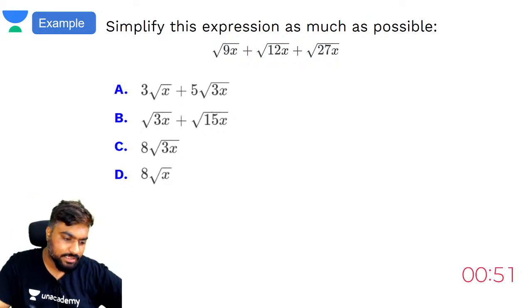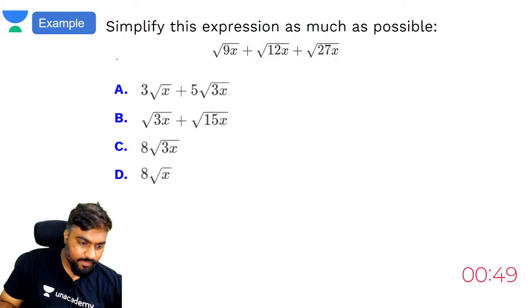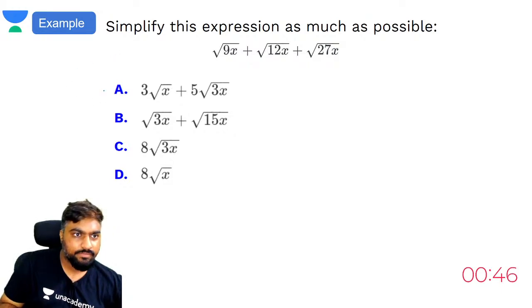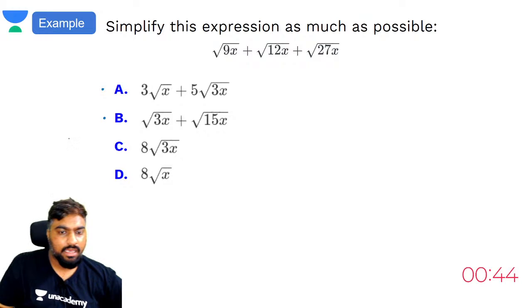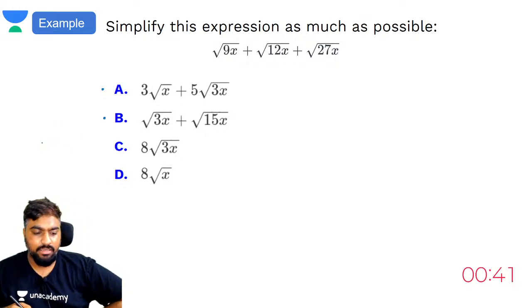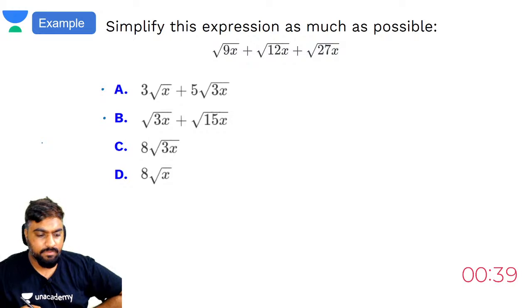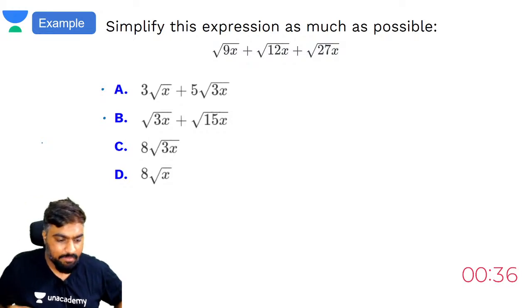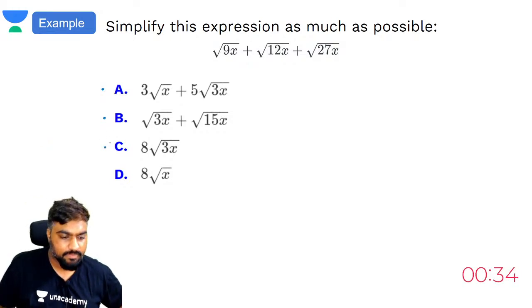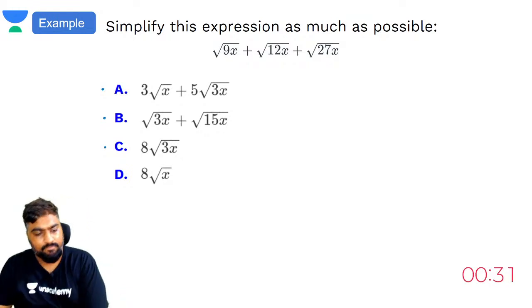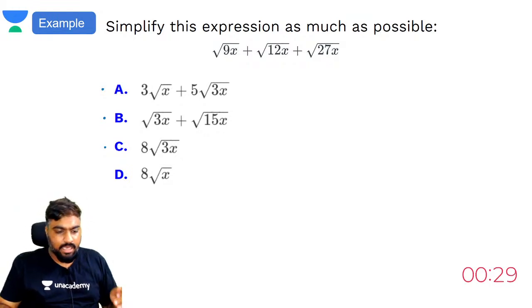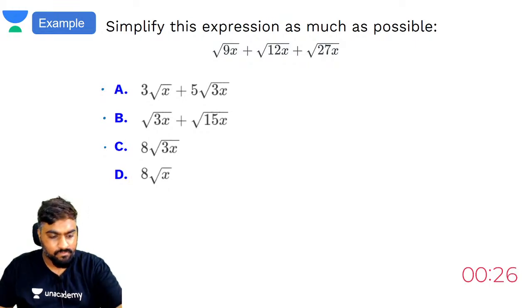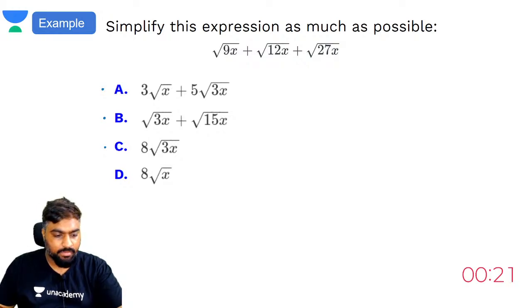Sneha says A, Achal says B. Others, option A है, option B है, बाकी लोग. Standard simplification type question. Gaurav says B, Anamika A, MKR says C. Rocket says A.